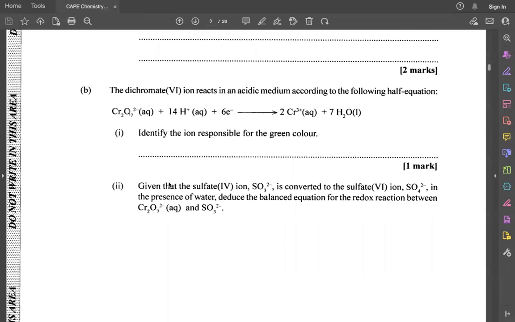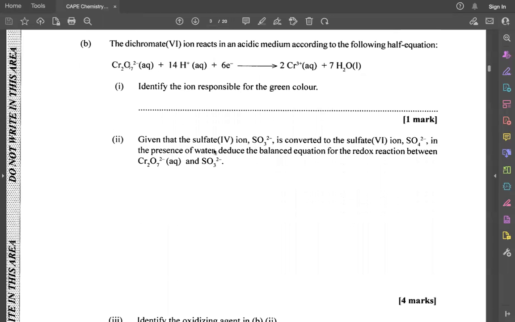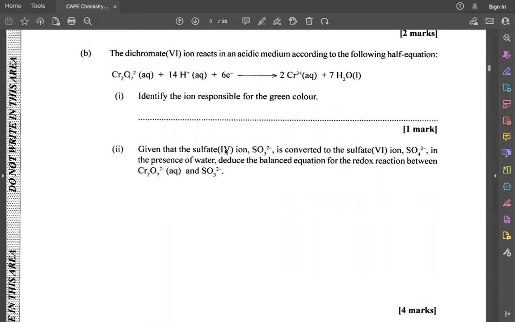Moving right along. Given that the sulfur(IV) ion, SO3 2-, is converted to the sulfur(VI) ion, SO4 2-, when it's in the presence of water. So if the sulfur(IV) ion is in the presence of water, it gets converted to the sulfur(VI) ion.